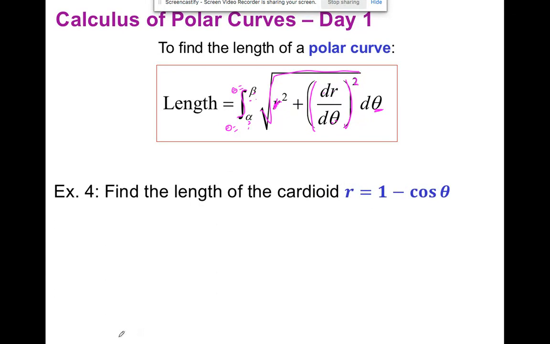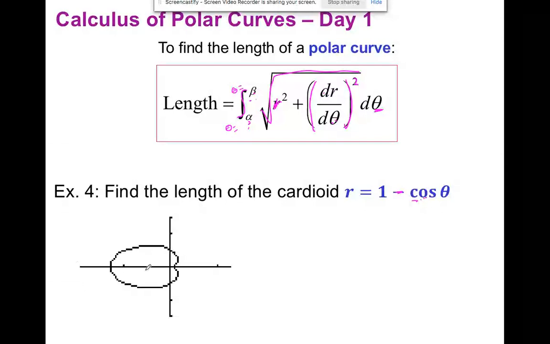You don't have to know it's called a cardioid, but it shouldn't surprise you, with cosine oriented in the x direction. Cosine goes with x, and there's a negative, so it's longer in the x direction. This one and this one are the same, which is why this cardioid hits the pole.